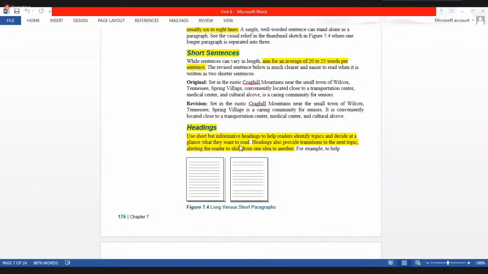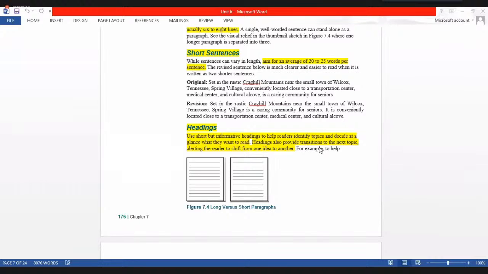So the readers can immediately decide if the headings are informative. We have used different headings, and if those headings are informative, then at a glance, the readers can select the headings in which they are interested.